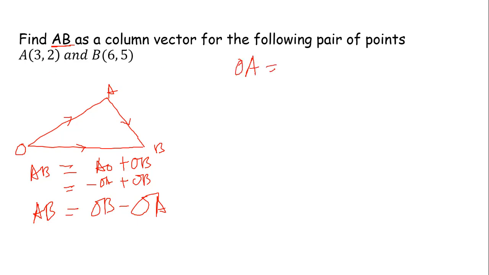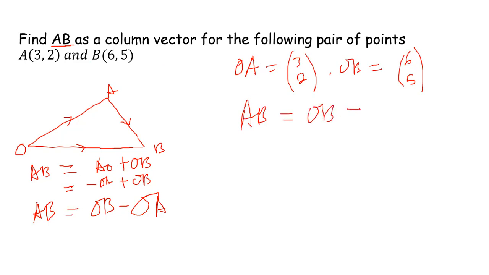So OA, we have it as (3, 2). And then OB, we have it as (6, 5). So if we want to get AB, by the formula we said this is OB minus OA.